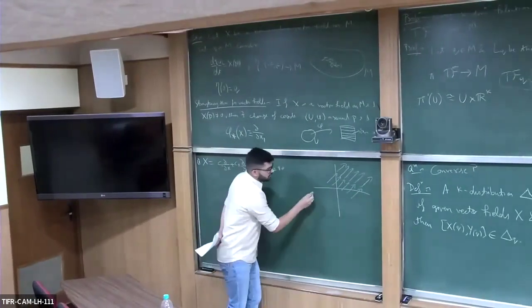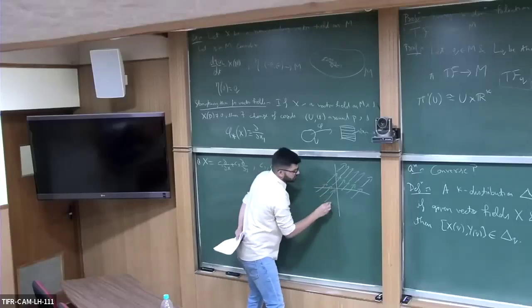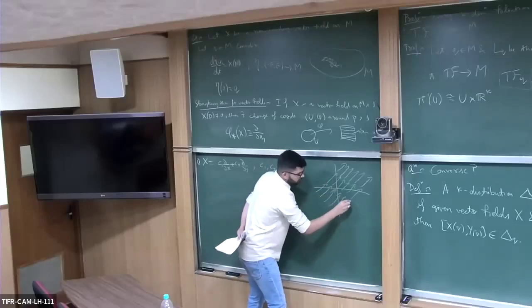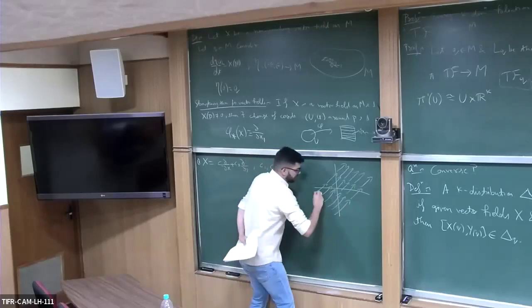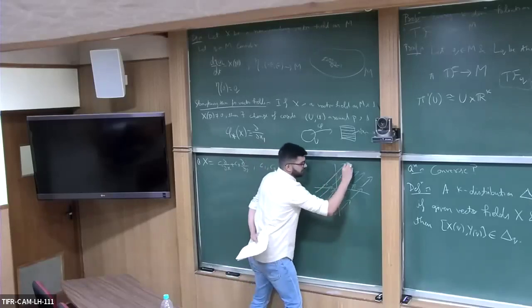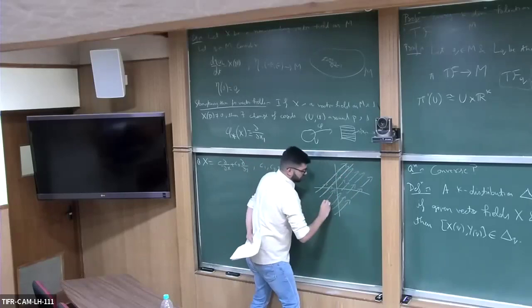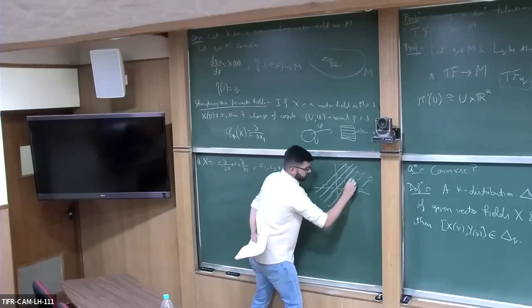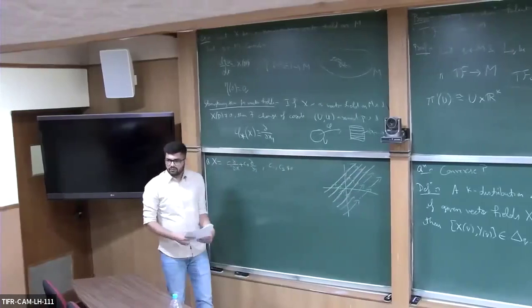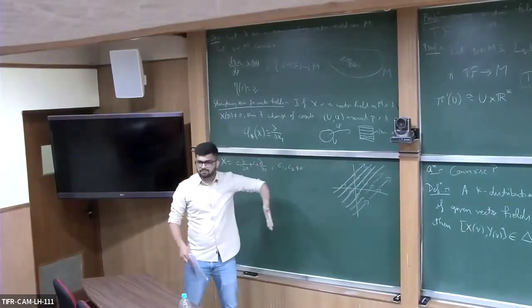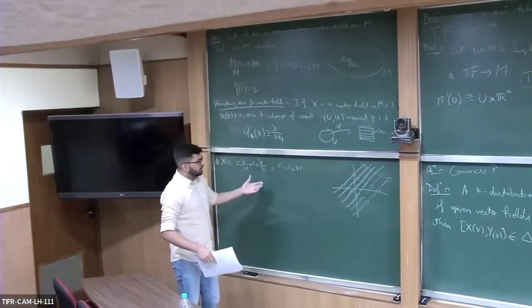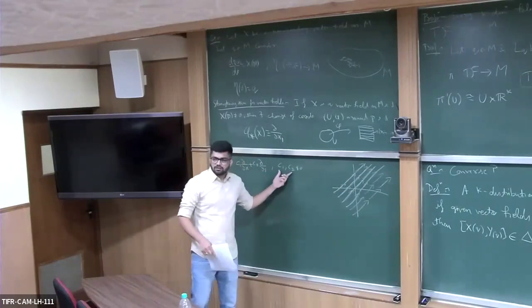Now we can see what the leaves in this case look like. They are these lines. If we integrate along this direction, we get this. So the foliation is the foliation by lines, with the direction vector given by c1, c2.